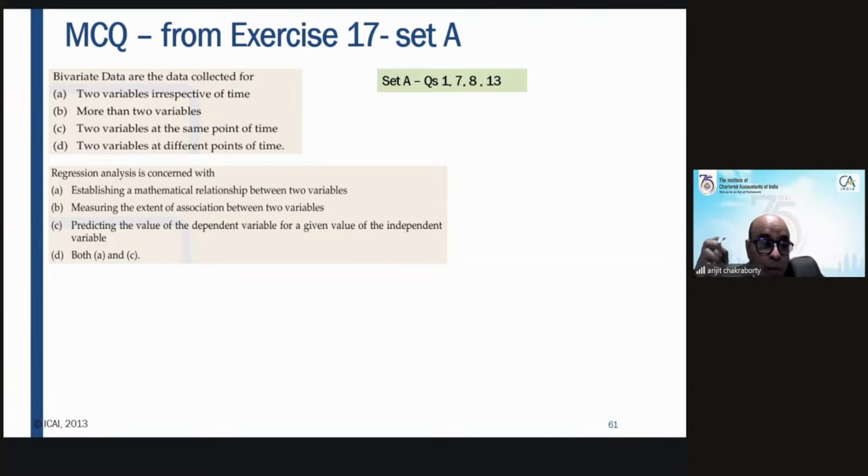No. Is it measuring the extent of association and predicting the value of the dependent variable? So for this question, question number 7, it is both A and C. Some of our participants have given the right answer. Yes, Narayani. Then we have Harendra Kitari. Yes, absolutely correct. It is both A and C.